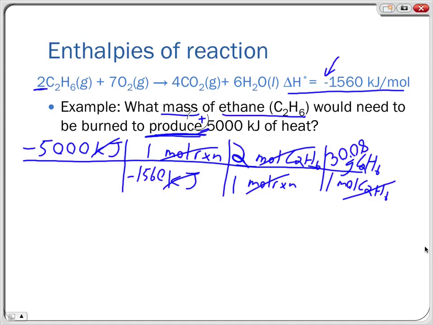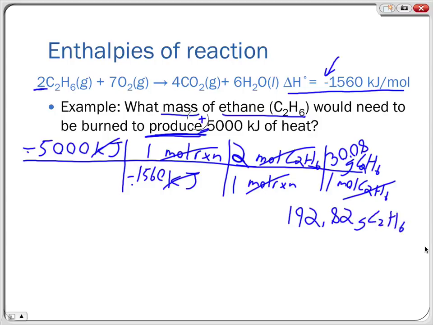So now we just have to do the math. Negative 5,000 times 1 times 2 times 30.08, divided by negative 1560 divided by 1 divided by 1. Notice the negative signs cancel each other out, so we should have a positive answer. When we multiply this out, I get 192.82 grams.